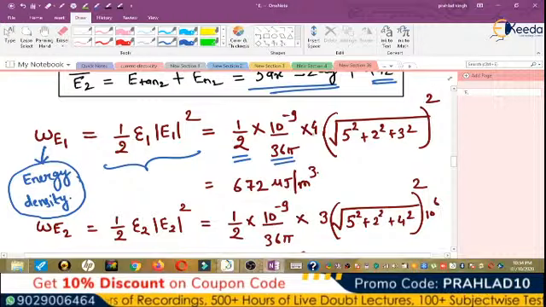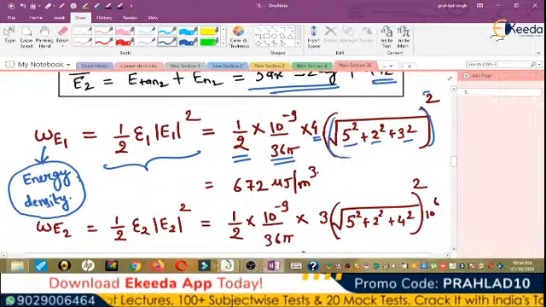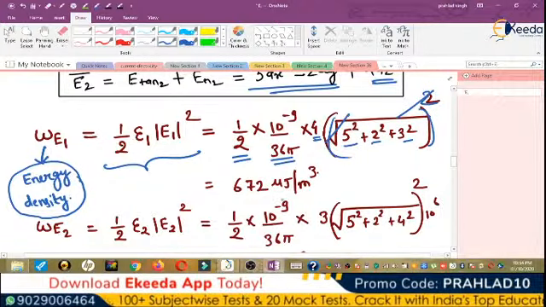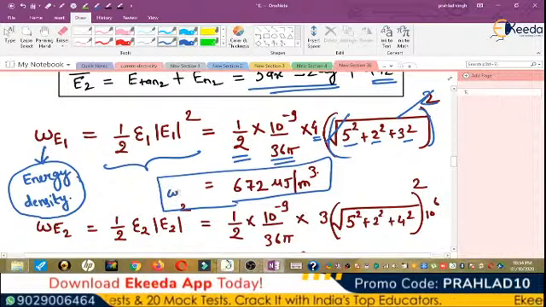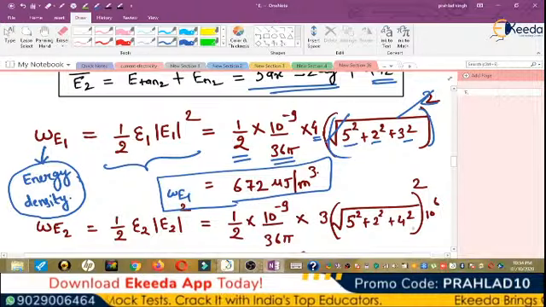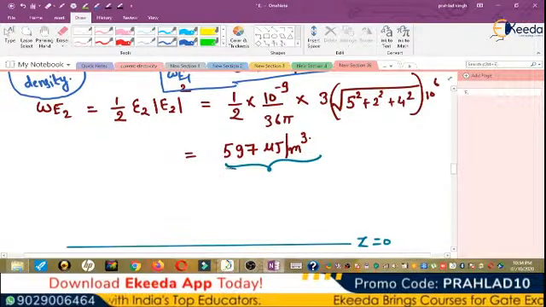Here epsilon r is 4. Under root of E1 square, it is under root of 5 square plus 2 square plus 3 square, and it's a whole square. So this will get cancelled, and after solving, the answer WE1 is 672 microjoule per meter cube. Similarly, we will calculate WE2.